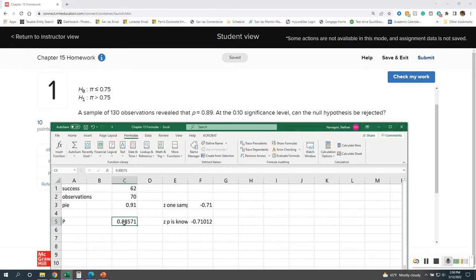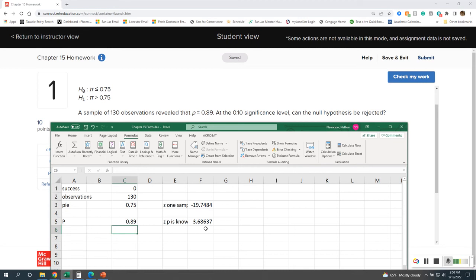So, using our chart, we do not have any successes that we know of. That's unknown, so I'm going to put 0 there just to let me know. We had 130 observations. Our pi is going to be 0.75. And then probability is 0.89.